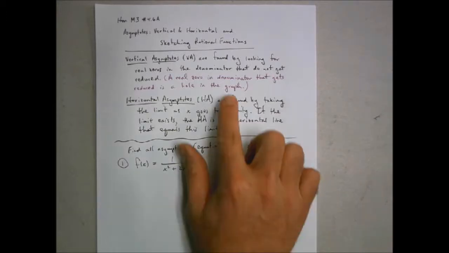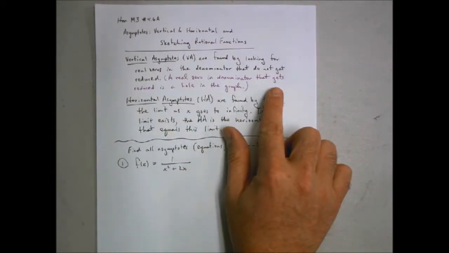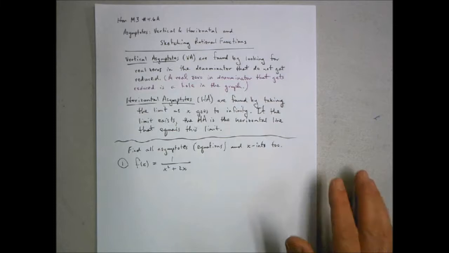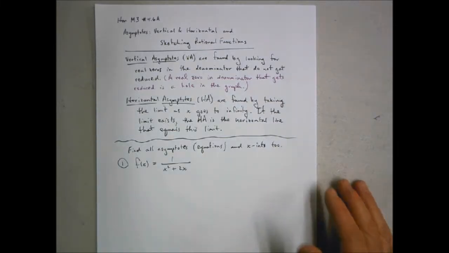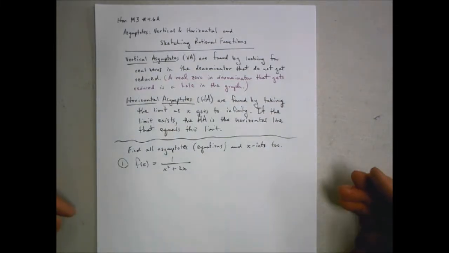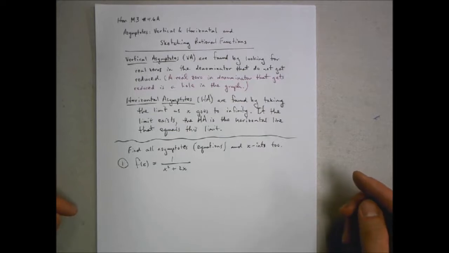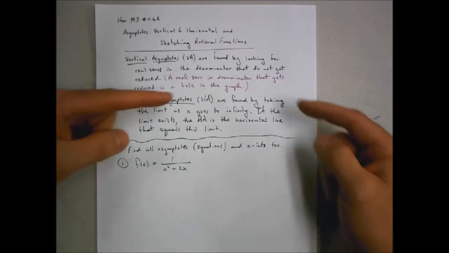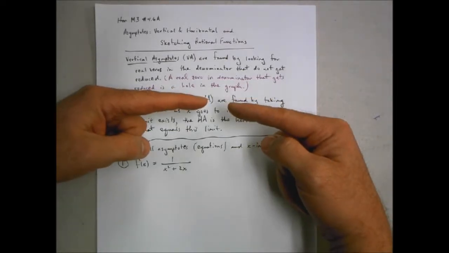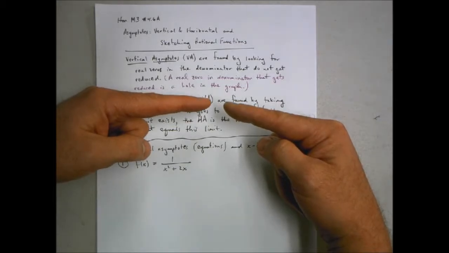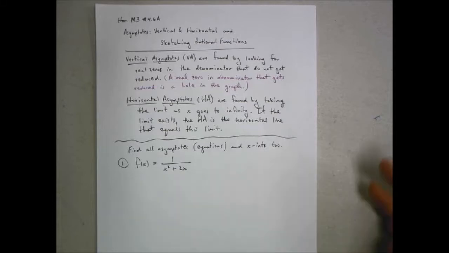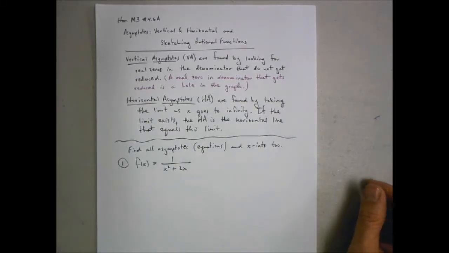It will be a hole in the graph, and we've actually dealt with this situation before. You've seen some graphs where there's a hole in the graph and the limit existed because the graph was approaching the same hole from both sides, and that was the limit as x approached some constant, and we've seen that sort of thing before.